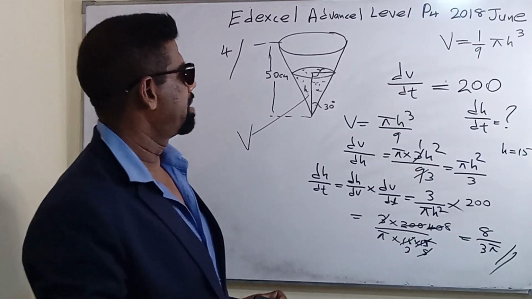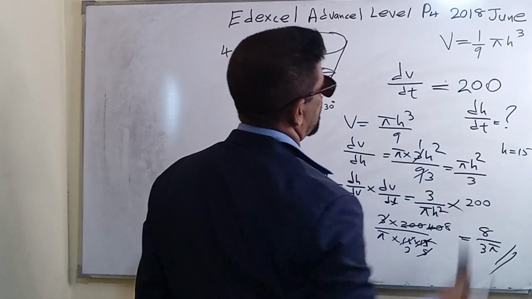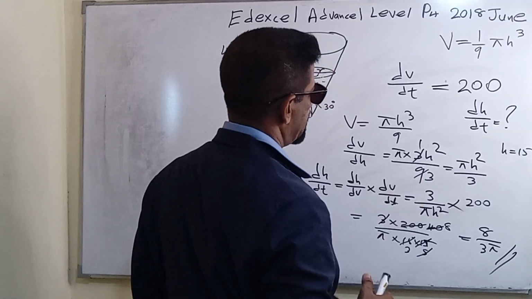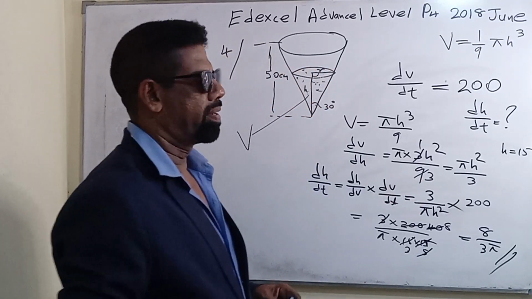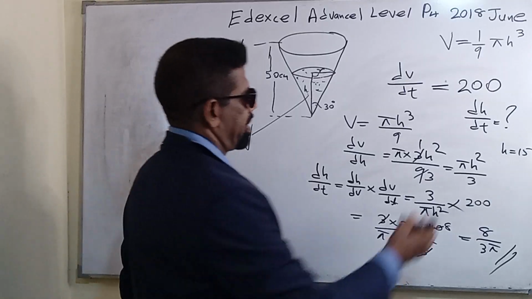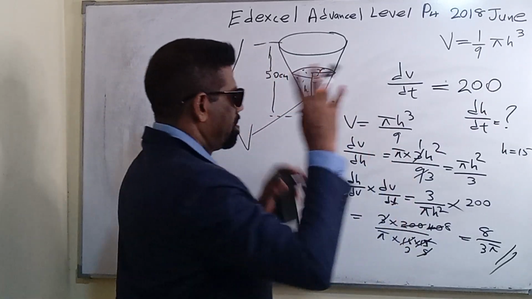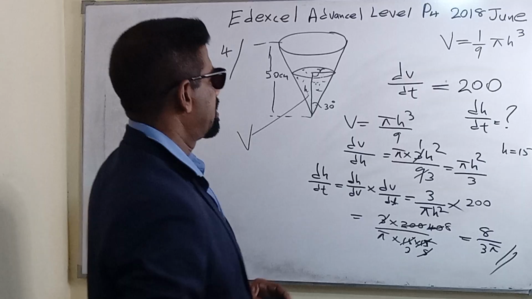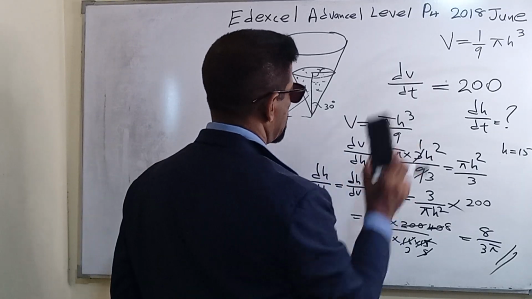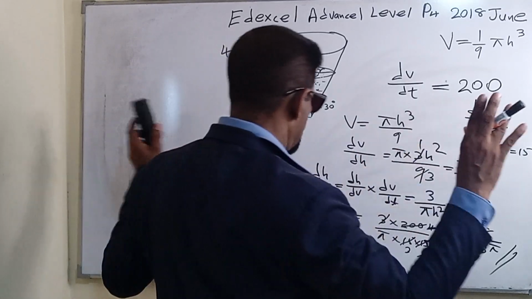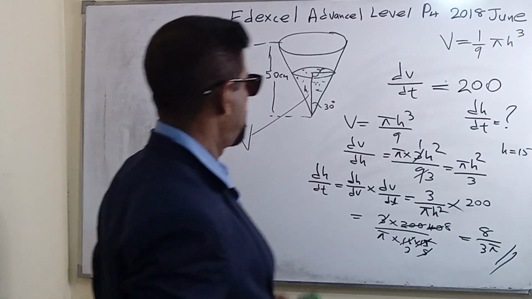Now your questions, okay, not hard. Already you have done that: V equals 1 over 9 pi h cubed. The question asks the rate of change of depth of the water, the meaning of dh by dt. Use your formula and build up the equation. Then differentiate and find dV by dh.